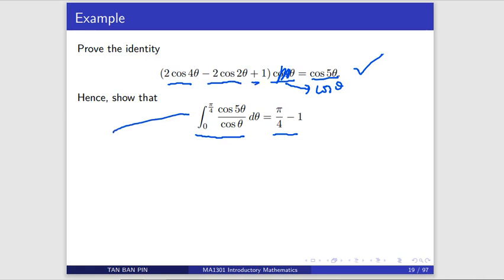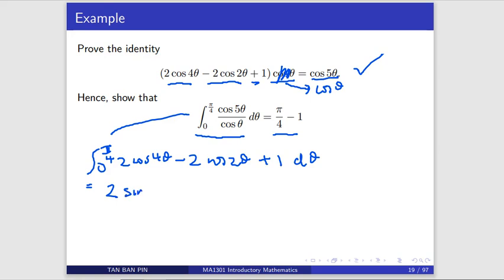So this will be the same as integrating from 0 to pi over 4 of 2 cosine 4 theta minus 2 cosine 2 theta plus 1 d theta. So it's actually 2 sine 4 theta over 4. Integrate cosine gives you sine, and because it's 4 theta, you divide by 4.